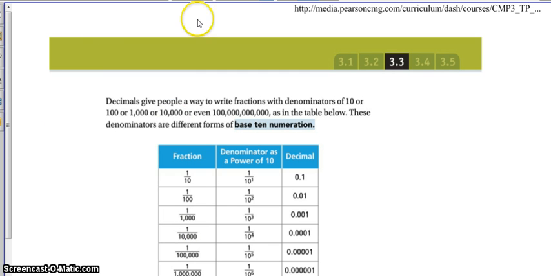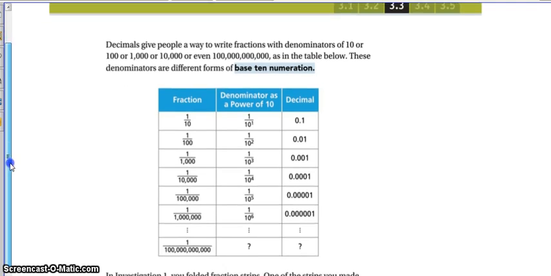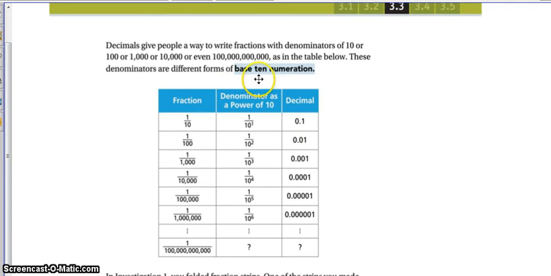Let's go to this whole thing about base 10 numeration. Base 10 is simply how we write our numbers in the United States. They're all multiples of 10. Each place value part is based on 10.